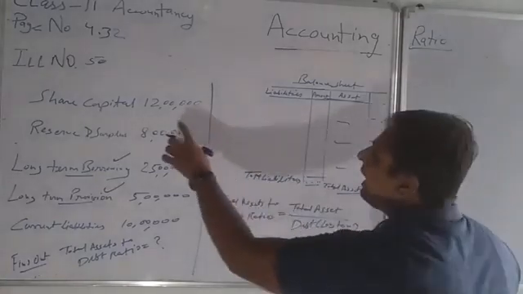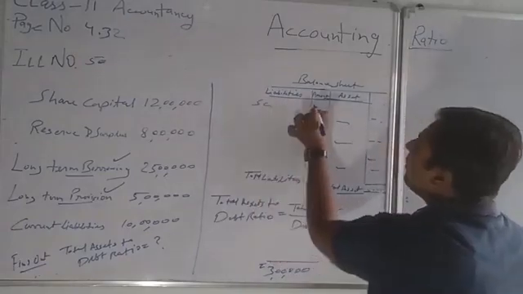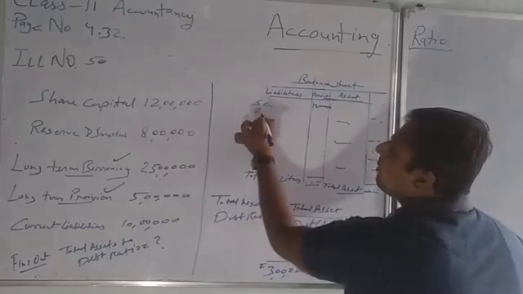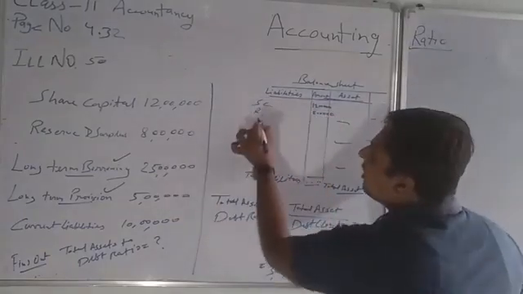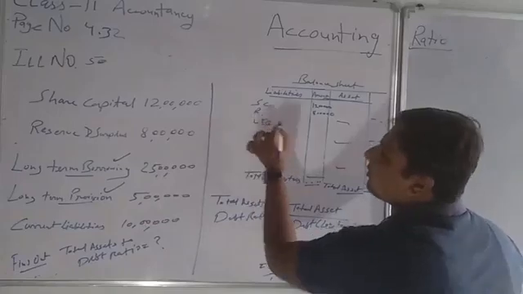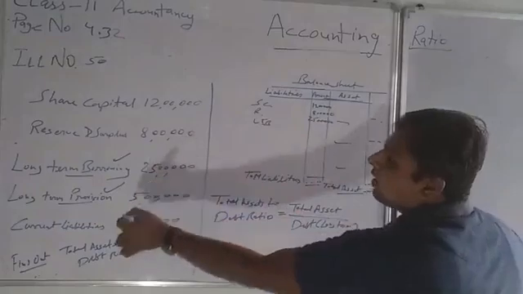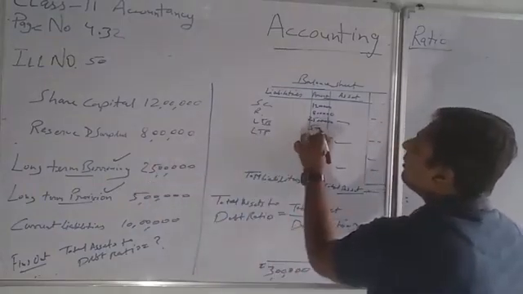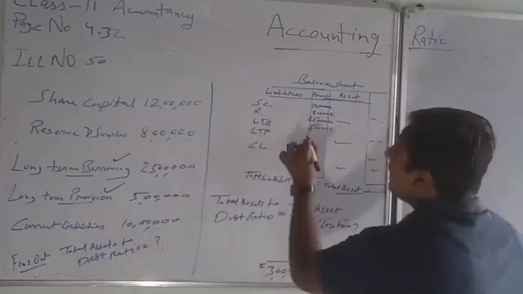We have to add all the liabilities items: share capital 12 lakh, reserve and surplus 8 lakh, long term borrowing 25 lakh, long term provision 5 lakh, current liability 10 lakh.